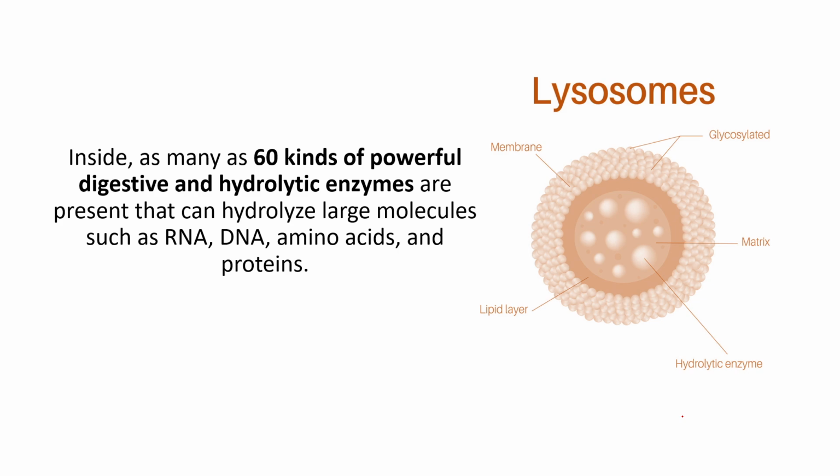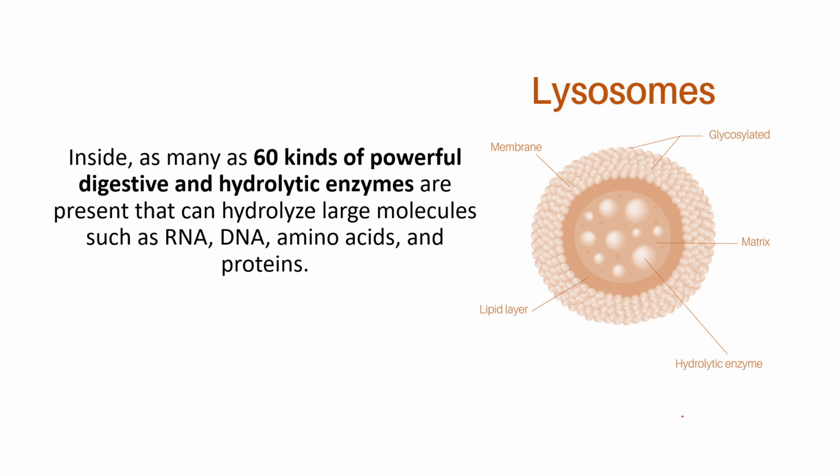The lysosome works best at an acidic pH, that is pH 5, and is inactivated at neutral pH, that is pH 7. The function of the lysosome is to carry protein, and it also contains hydrolytic enzymes.